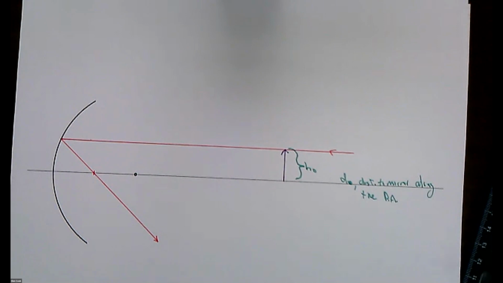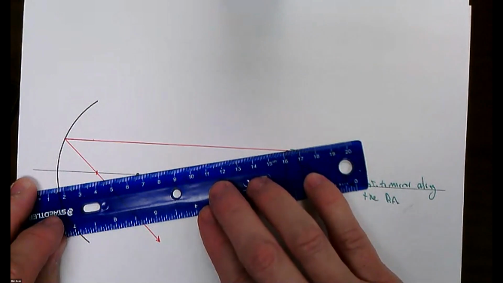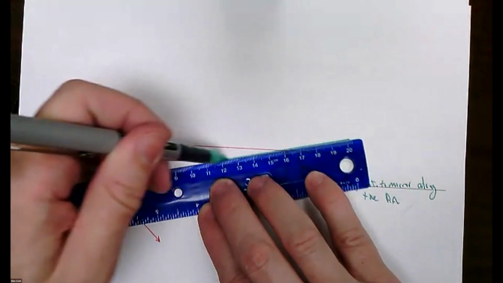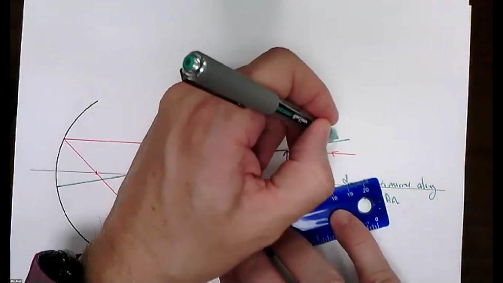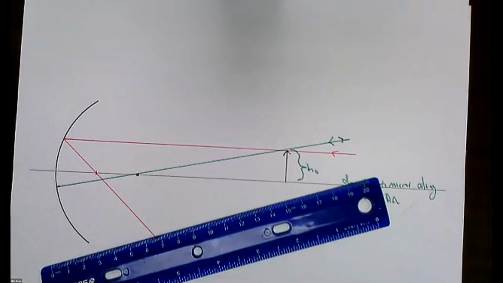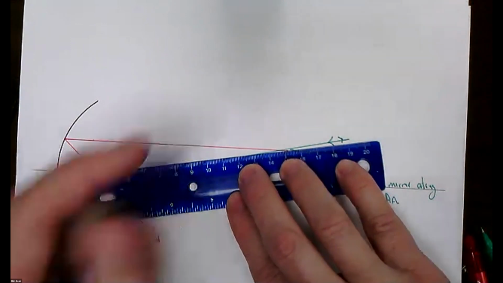Line 2 was green on the prior drawing, so I'm going to go back to line 2. That is the line that goes in through C. It hits and is perpendicular to the mirror, so it comes back out through C. It goes in through C, hits the mirror, comes out perpendicular, so it is both in and out through C. The third line, it goes in through F. All right, so it's kind of between these two.